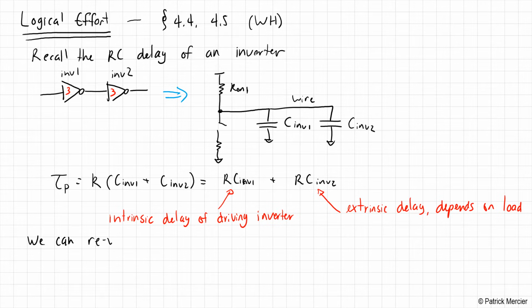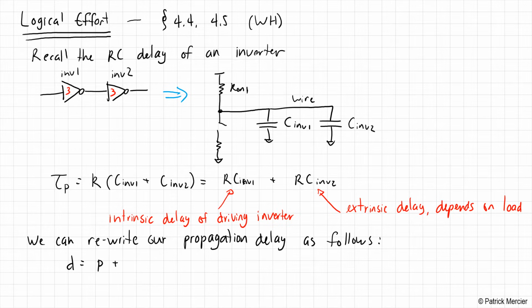Okay, so what we can do is we can rewrite our propagation delay as follows. Okay, we're going to say that D is equal to P plus F. Okay, so we're getting into a little bit of an alphabet soup here, and it will in fact get much worse in terms of the alphabet soup.